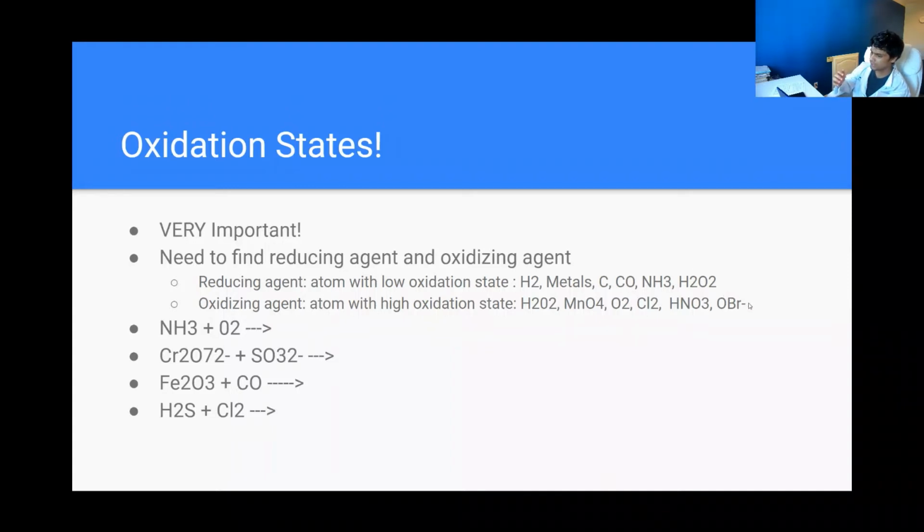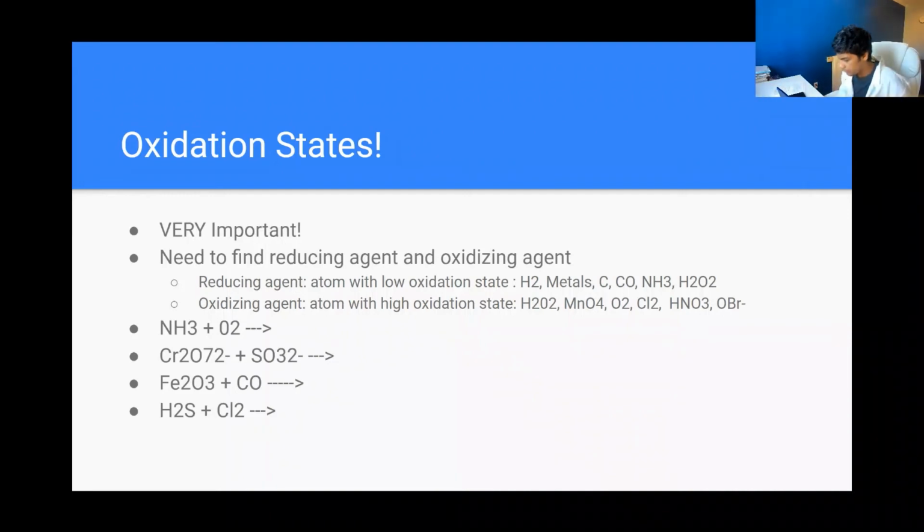So why do reducing agents have low oxidation states and why do oxidizing agents have high oxidation states? The reason is that if you have an oxidizing agent with a high oxidation state, it cannot get oxidized any further. If you were to oxidize it, you have to take out electrons from a lower energy sublevel, and that will cost a lot of energy and is energetically unfavorable.